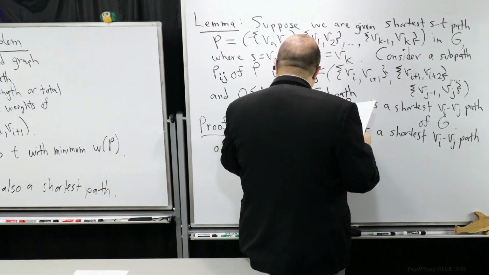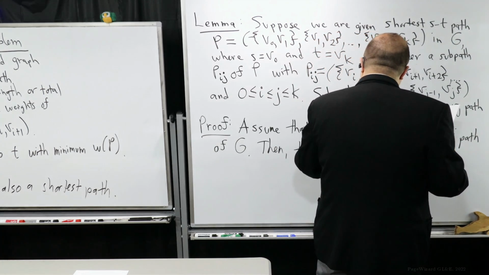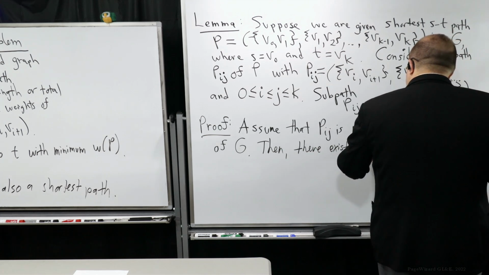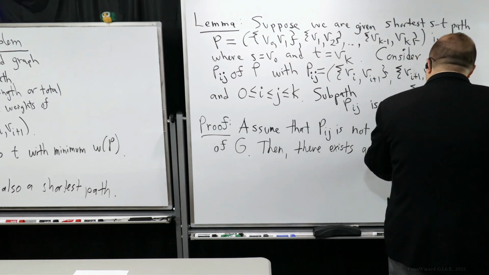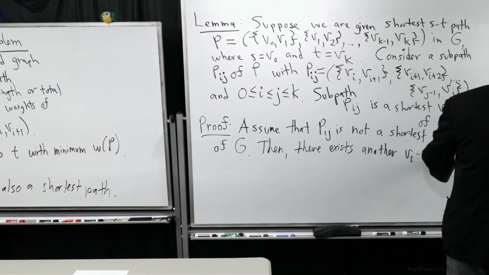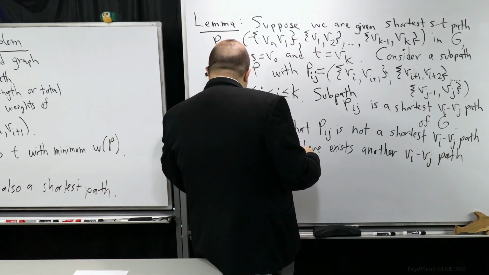Then there exists another Vi-Vj path, and I'm going to call this one P prime ij.